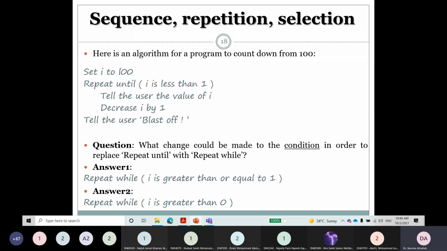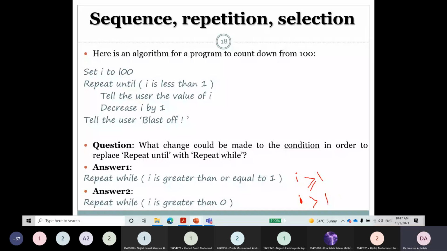Is it clear what the difference between until and while is? Clear? No. I will repeat while this number is greater than 1 because we don't reach the 1.